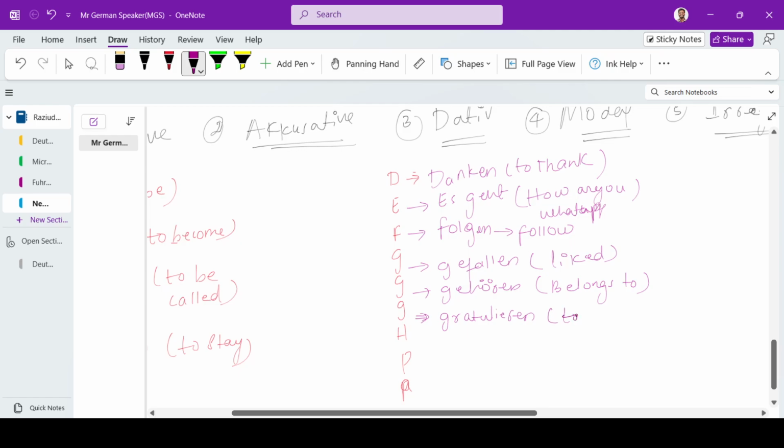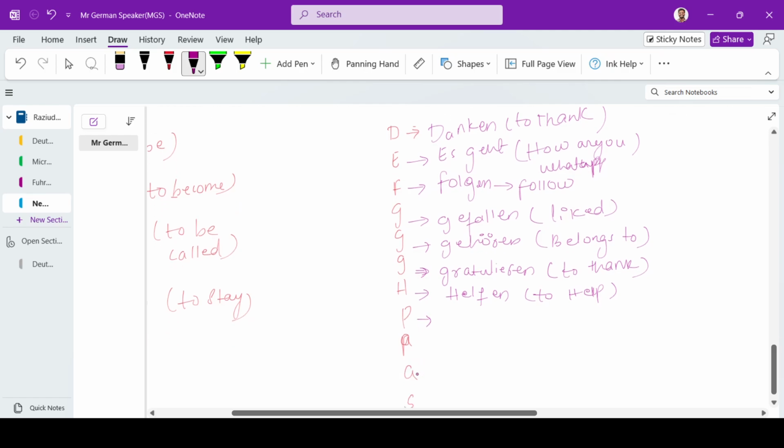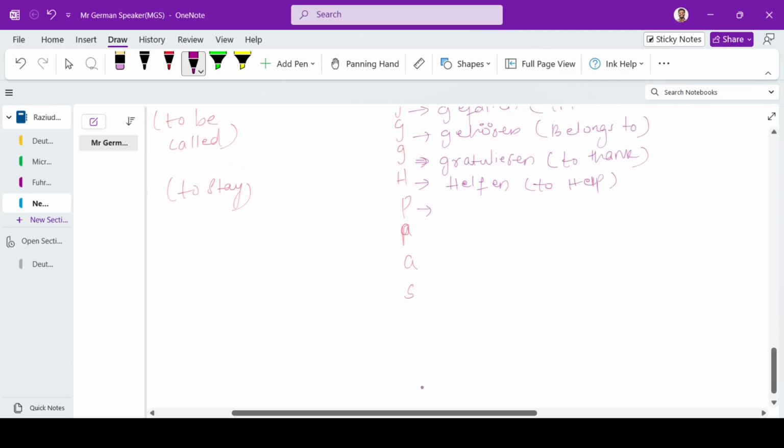Gratulieren is to congratulate. Then comes helfen. Helfen is to help someone. Helfen. Then we have something called passen.